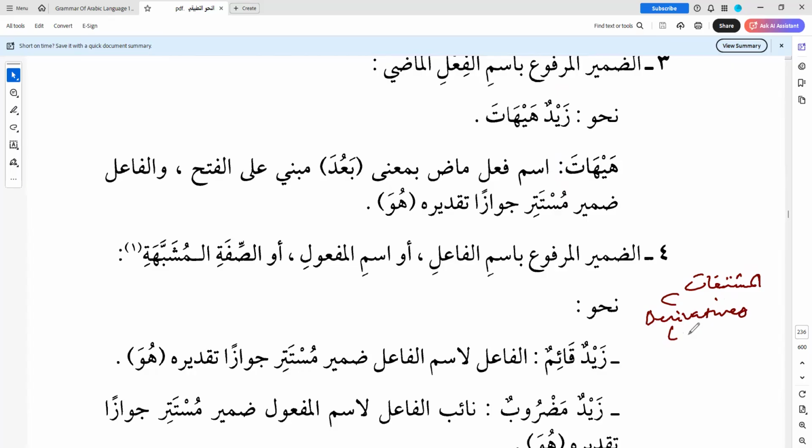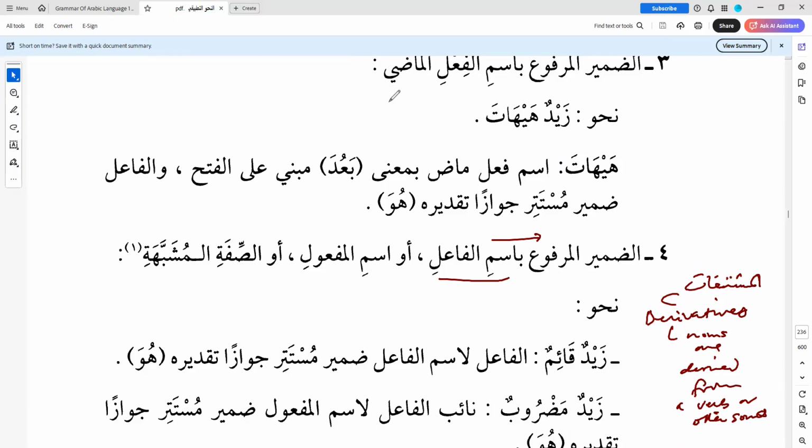By derivatives, that is nouns that are derived from, let's say, a verb or other sources. So ismul fa'il is mushtaq, right? It is derived from a verb.